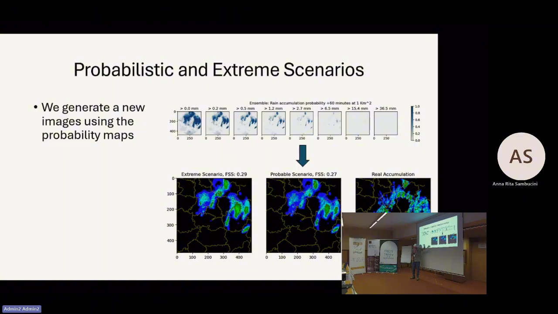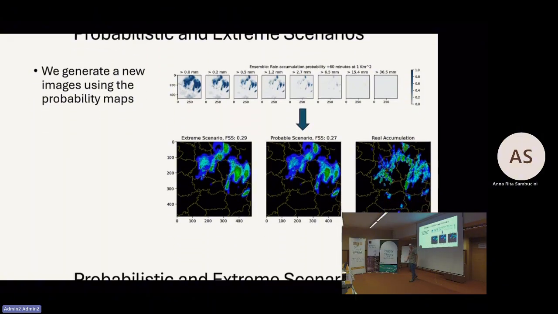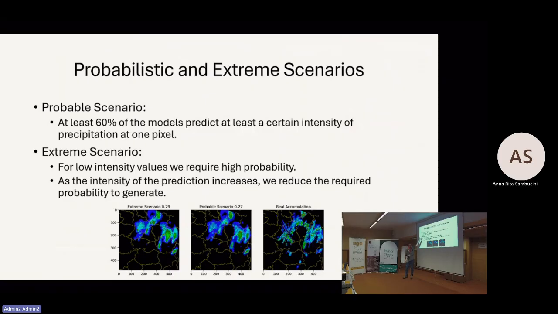With this probability mass, we build two scenarios of precipitation, one which we think is probable, and another which is an estimate. You can think of this as an interval of images. In this case, the probable scenario has been built for all the forecasts I showed earlier.